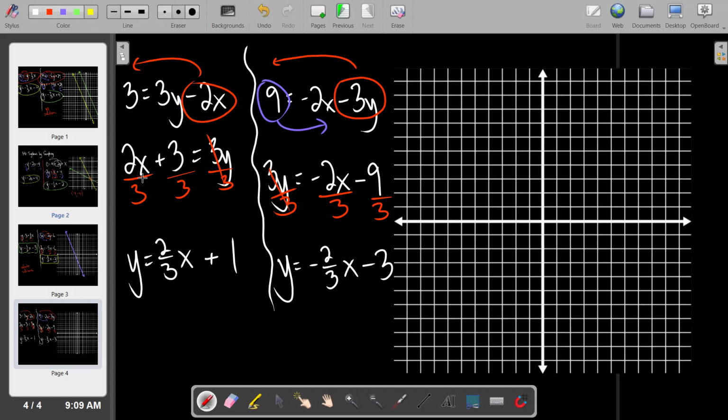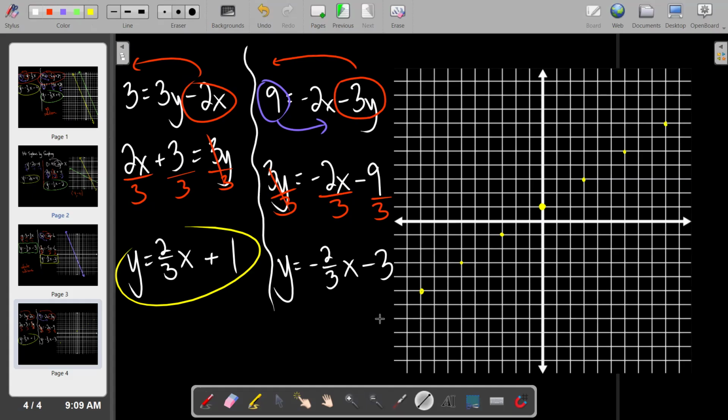So let's start with Mr. Yellow. Where do we start him at? Up 1. And what's his slope? Good. Bless you. Okay. Graph the line.